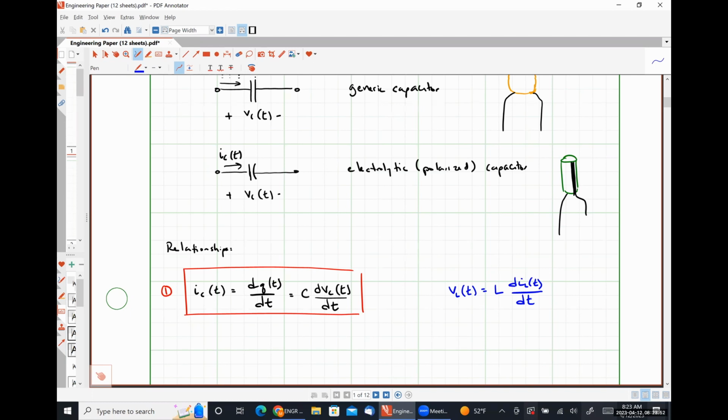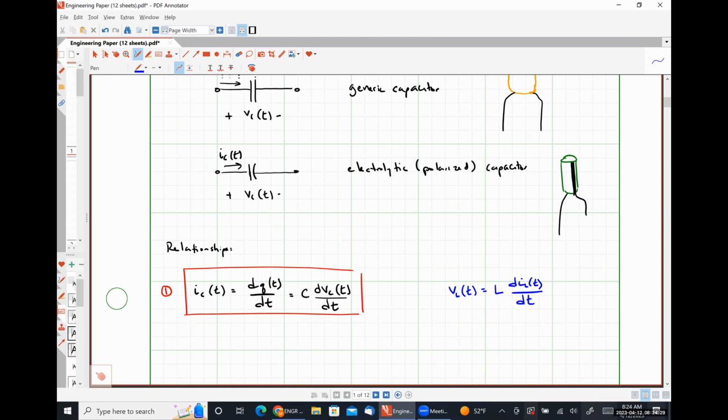So when we dealt with this derivative-based relationship for inductors, we were able to glean two things, right? For inductors, we saw that in a DC system, our inductor behaved like a short circuit, because if the current does not change, then the derivative is zero, which means V is zero. So what do you think that relationship is going to be for capacitors? If the voltage does not change, there's no current.